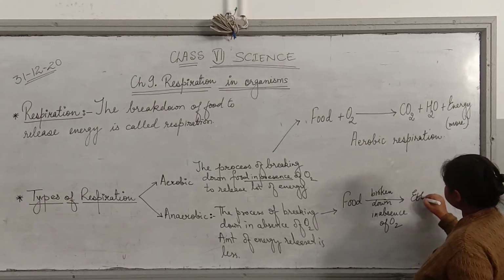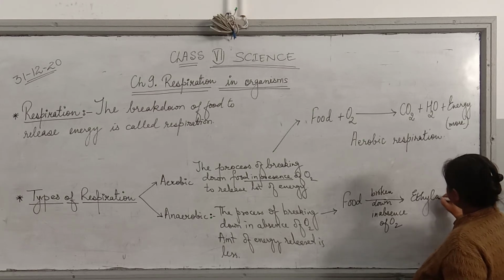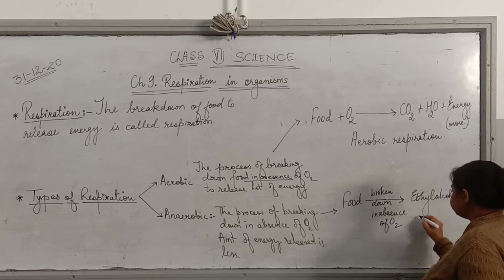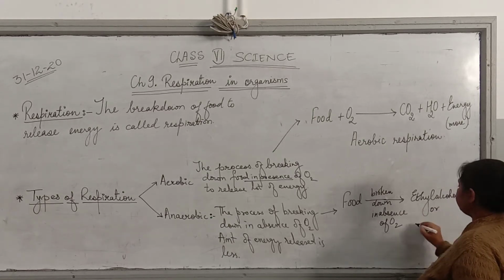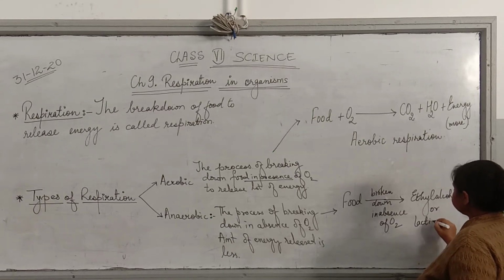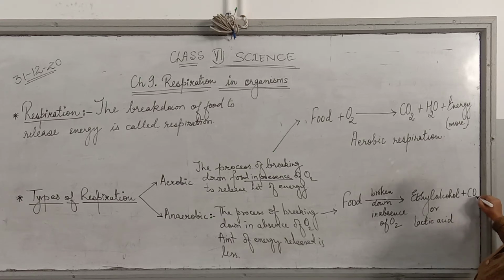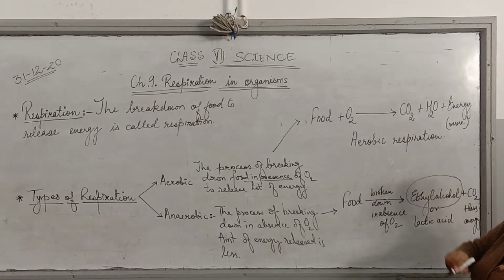So we write down ethyl alcohol, or in some cases it can be lactic acid also. But in microorganisms mostly it is ethyl alcohol plus carbon dioxide and less amount of energy. So here you have one more product, ethyl alcohol.